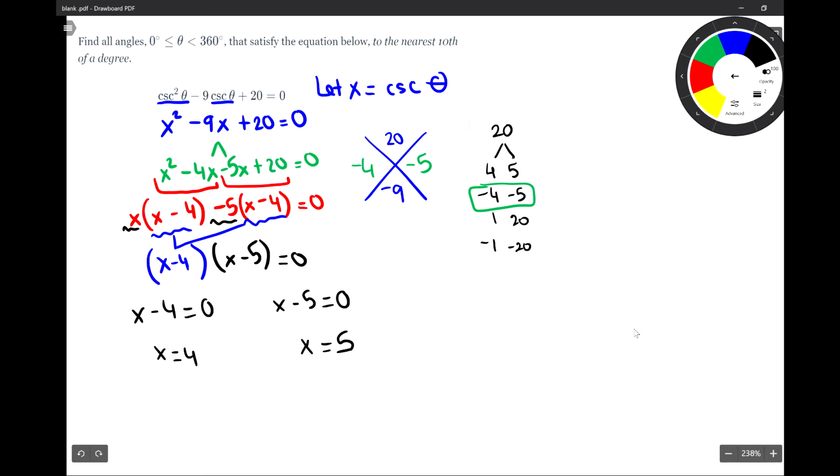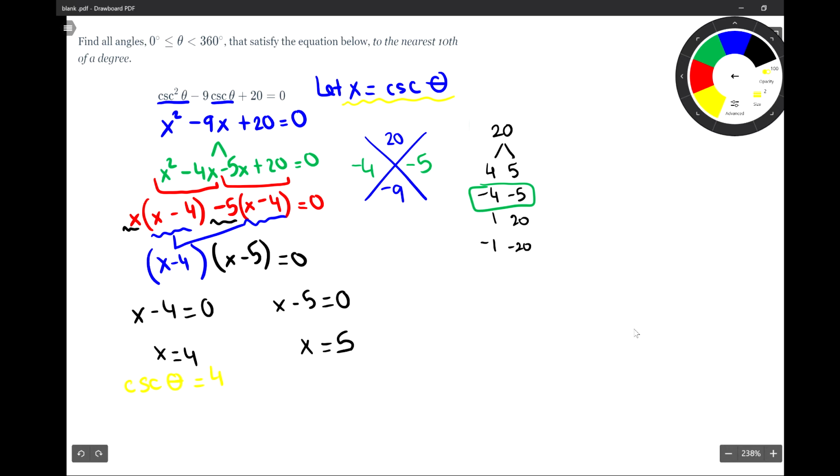However, I'm not done yet, because x is just my substitution. The real thing I want to solve for is the angle. So I have to think back: I have x equals cosecant theta. Now I replace x again, so cosecant theta equals 4.